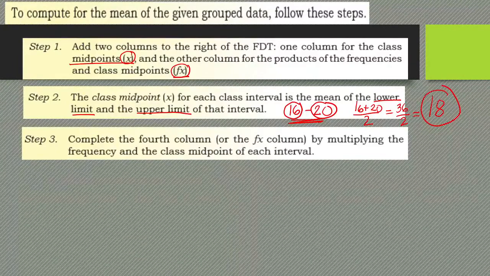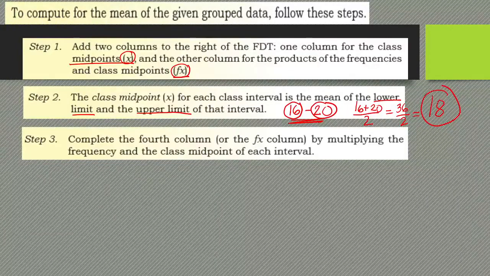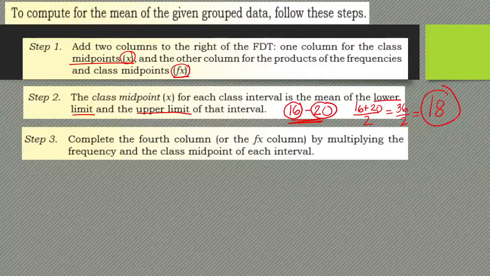Step number 3. Complete the 4th column. So, in step number 2, the column for the midpoint, fill that up. In step number 3, complete the 4th column, meaning you multiply f and x. Multiply the frequency with its midpoint.